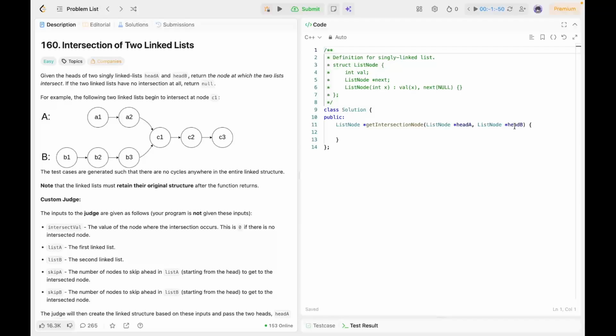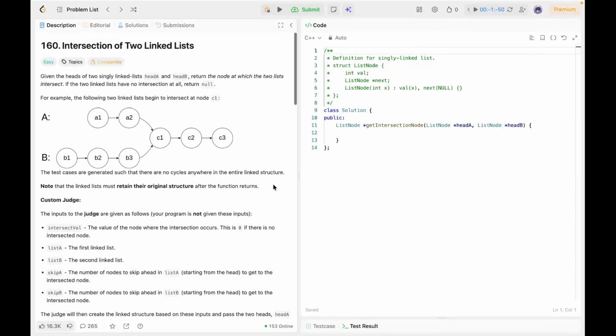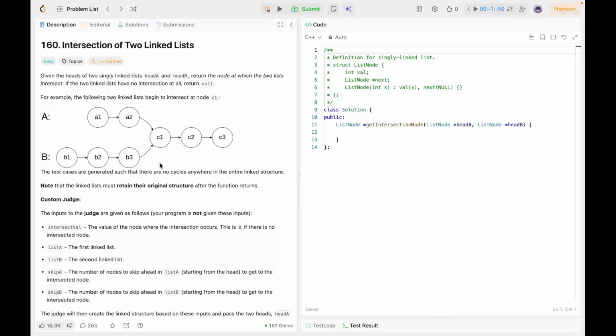They have written a lot of description, but I'm not going to read all of it; I will describe it briefly. You are given the heads of two linked lists, A and B, and you have to find their intersection point, meaning where they meet. For linked list A, the nodes are A1, A2, C1, C2, C3, and for linked list B, the nodes are B1, B2, B3, C1.